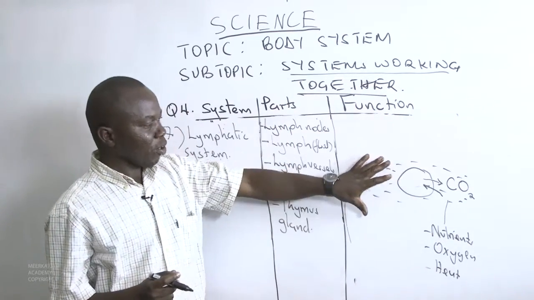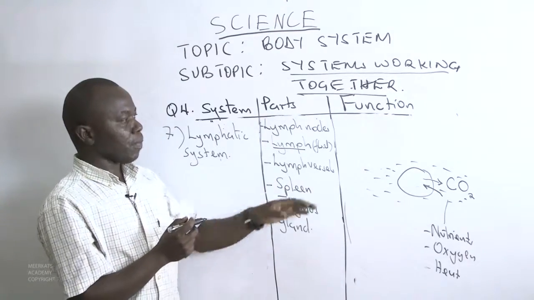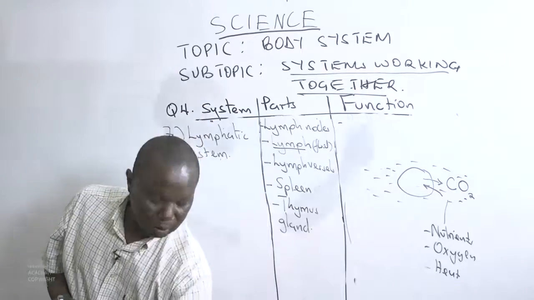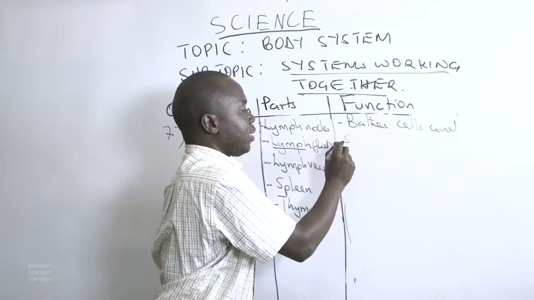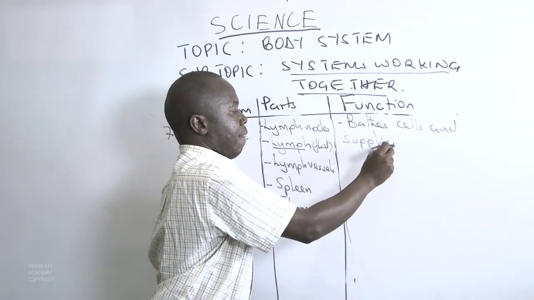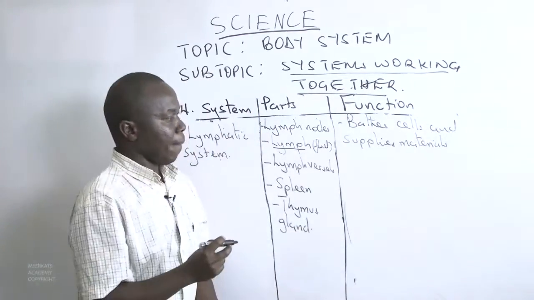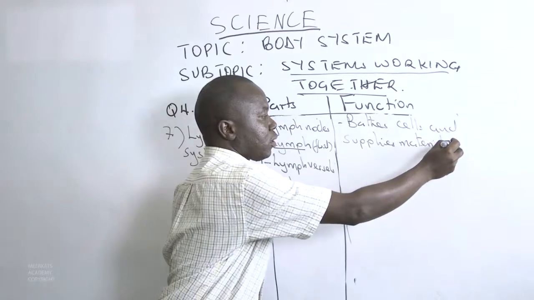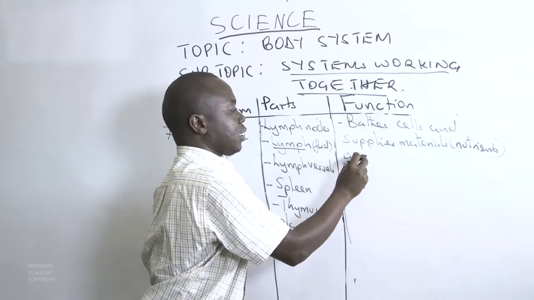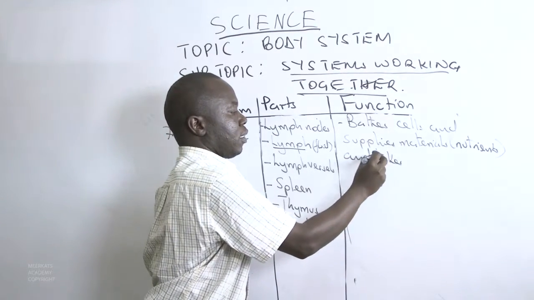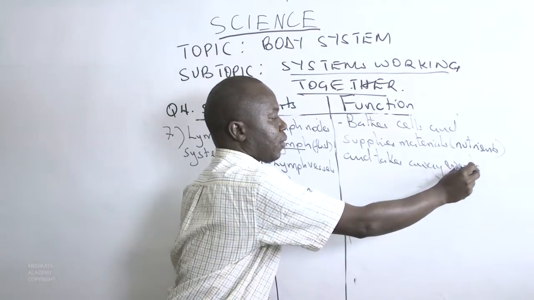So one major role of the lymphatic system in relation to the lymph fluid is that it bathes cells and supplies materials that we have mentioned. You can just mention one, like nutrients, and takes away waste metabolic products.